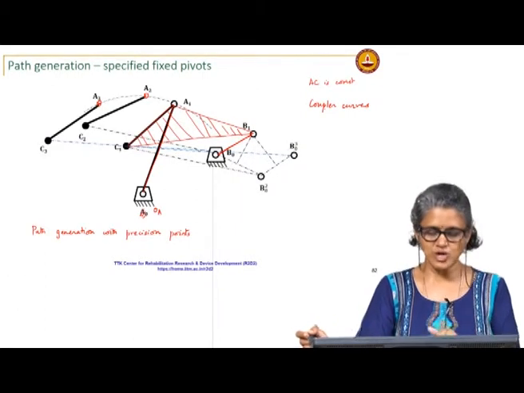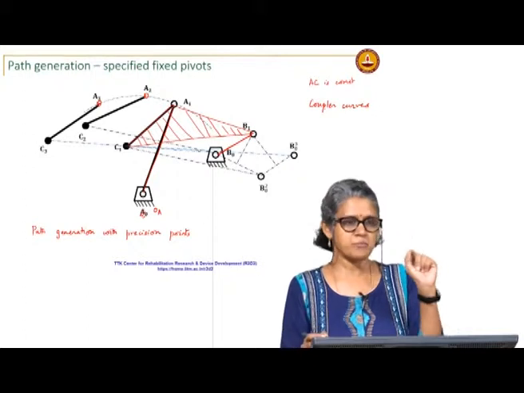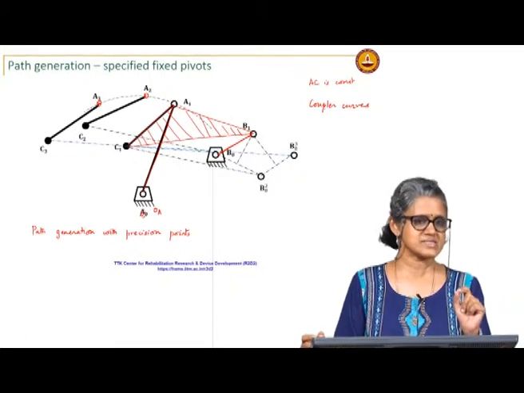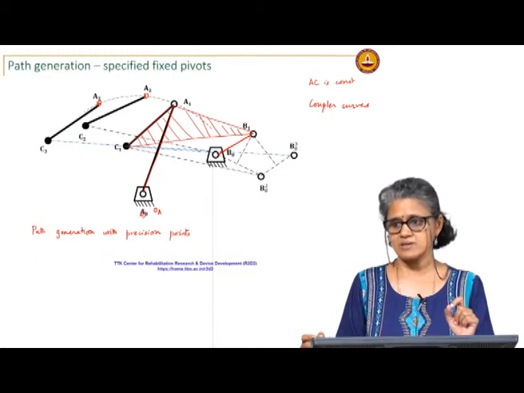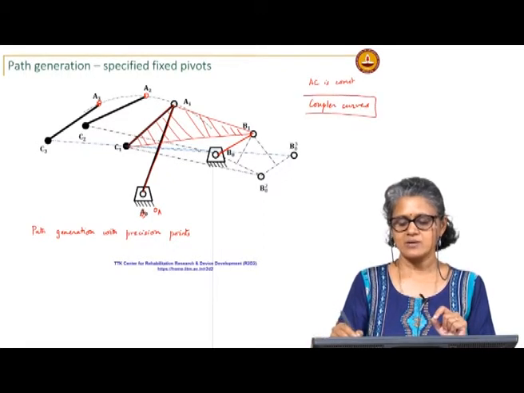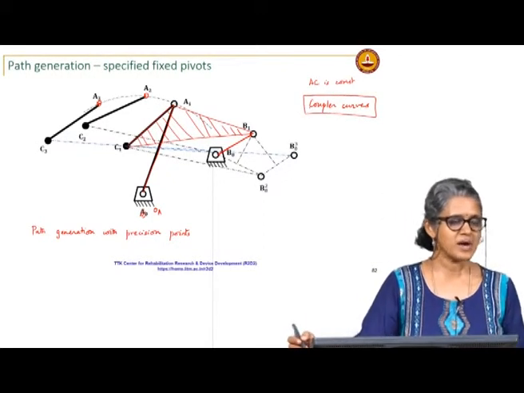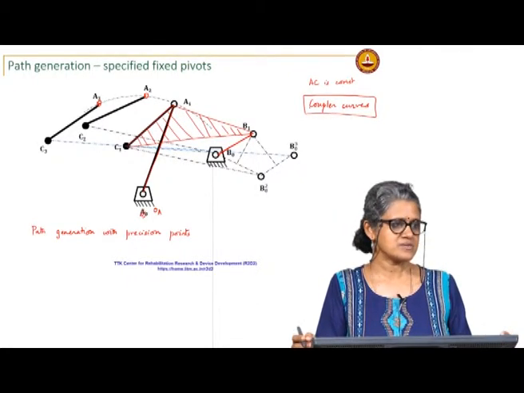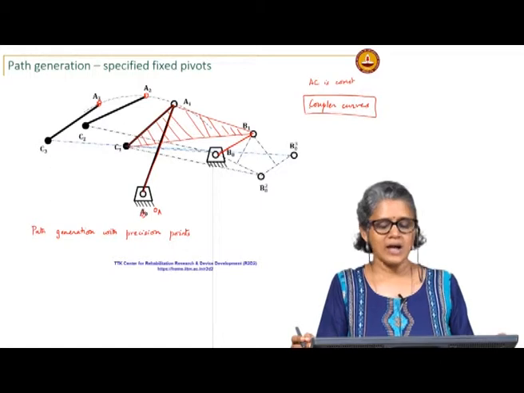So, if it is not specific points, but a path that you want to trace using a 4 bar, then we actually look at synthesis of the 4 bar for certain types of coupler curves.